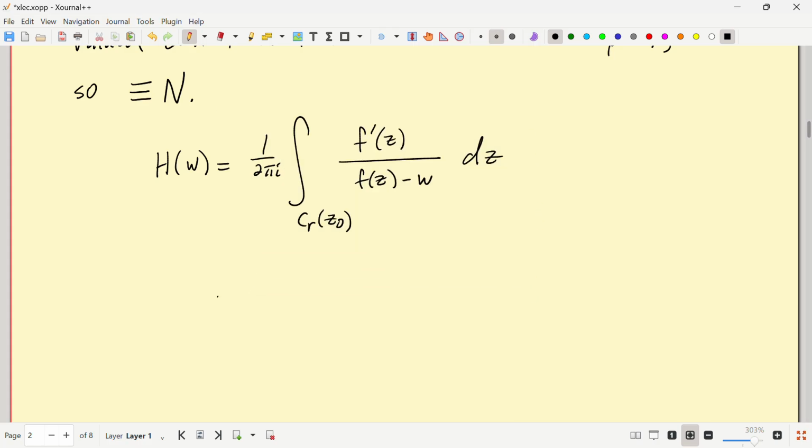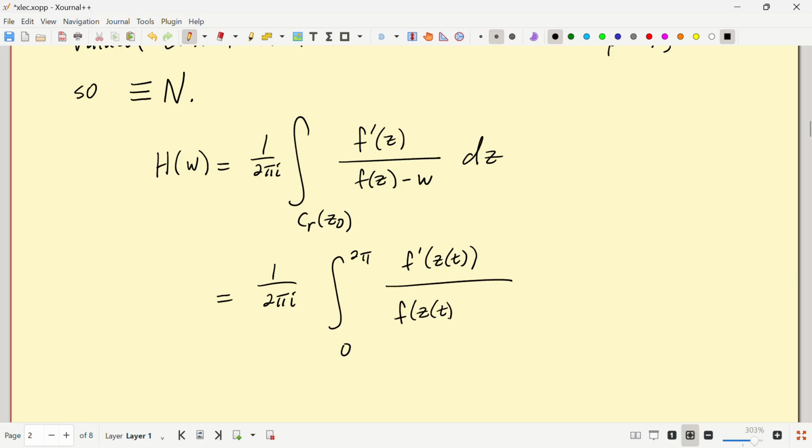And now that's the integral from 0 to 2 pi of f prime of z of t over f of z of t minus w, and the dz is z prime of t dt.